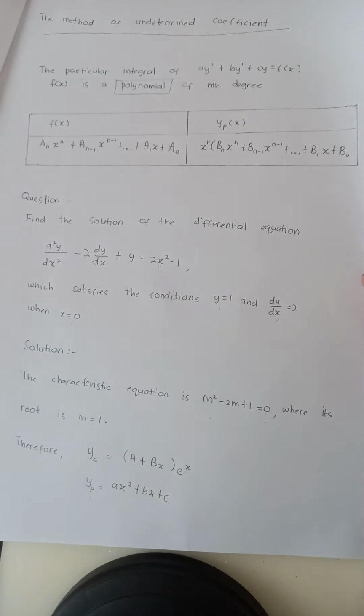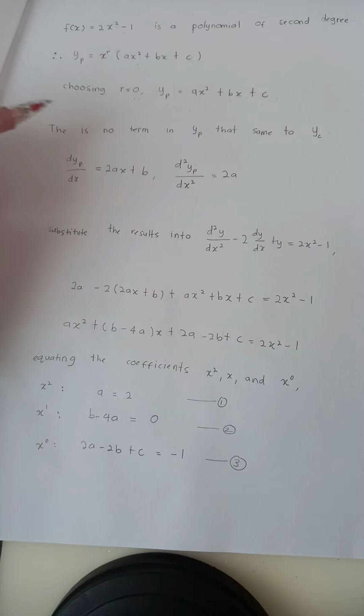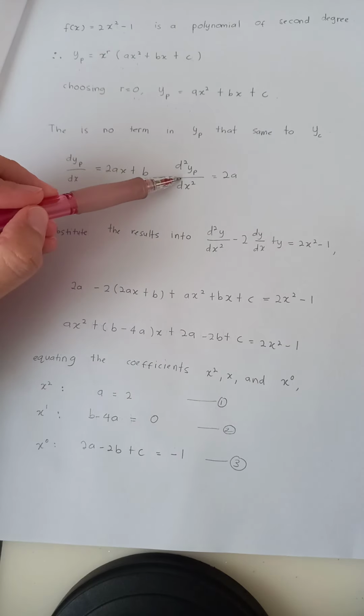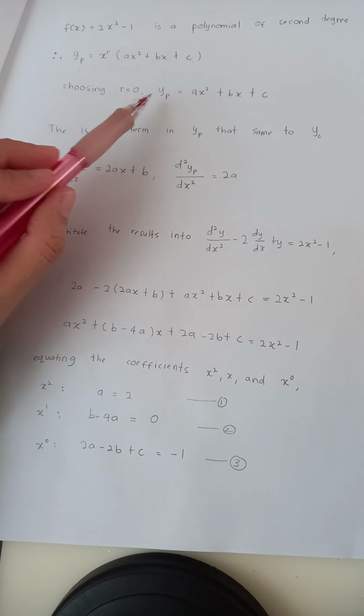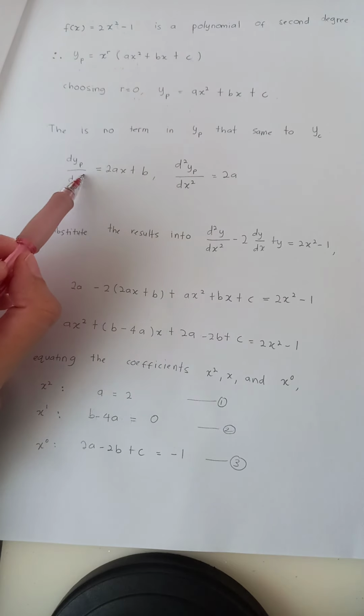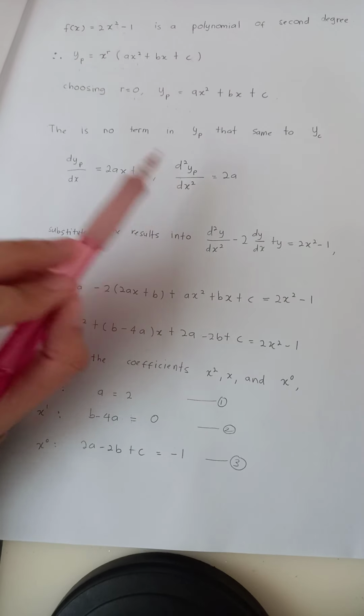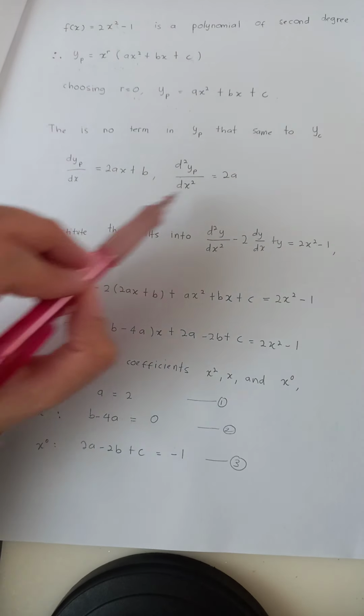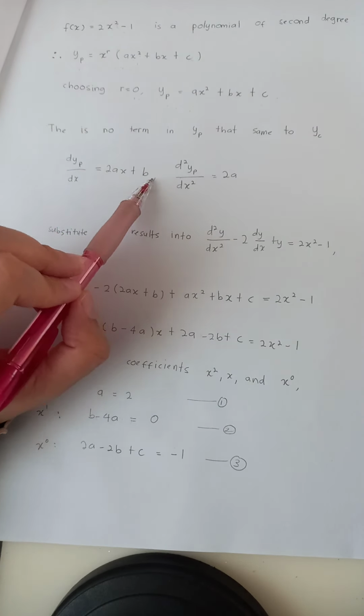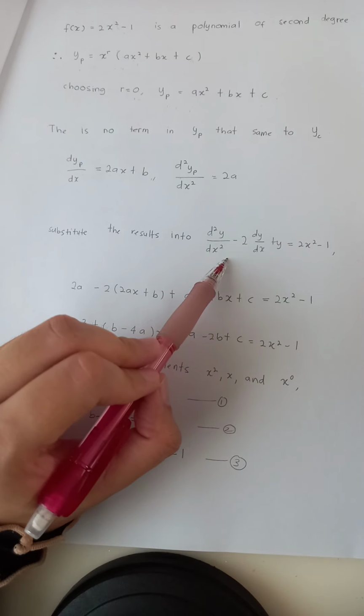Okay? Okay, since that we can use the YP, then we need to differentiate it for second time. After that, we got the value for YP, okay, YP prime, YP double prime. Then these all equations we will substitute into the original equation.